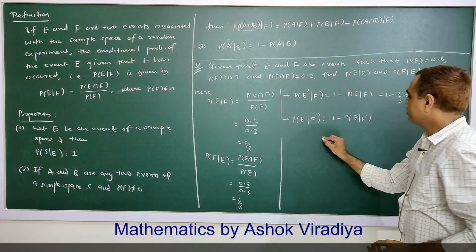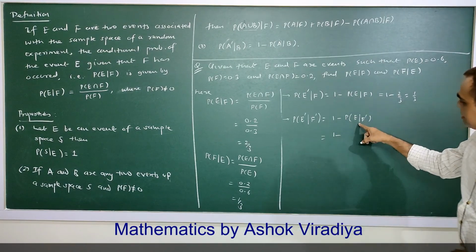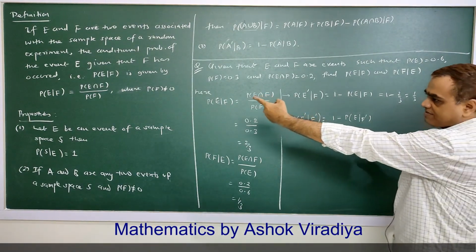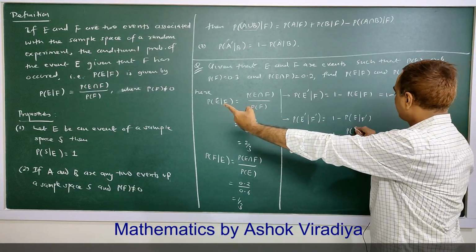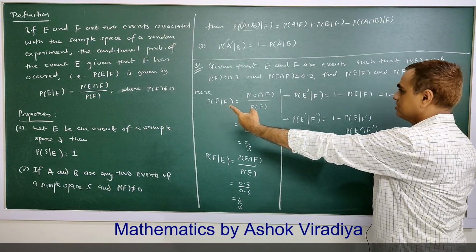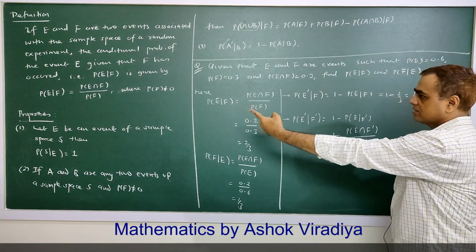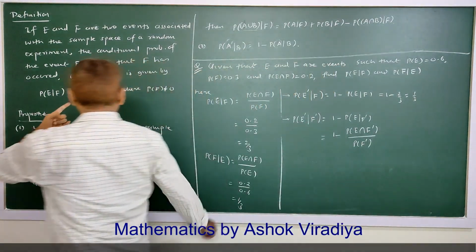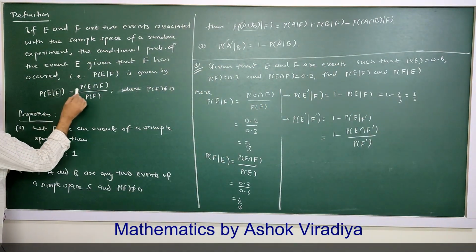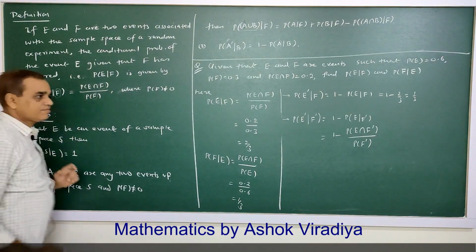So now this is equal to 1 minus. Here again we use a definition: P of E given F dash is P of E intersection F dash upon P of F dash. See, in this calculation there is F dash, so I replace F by F dash.